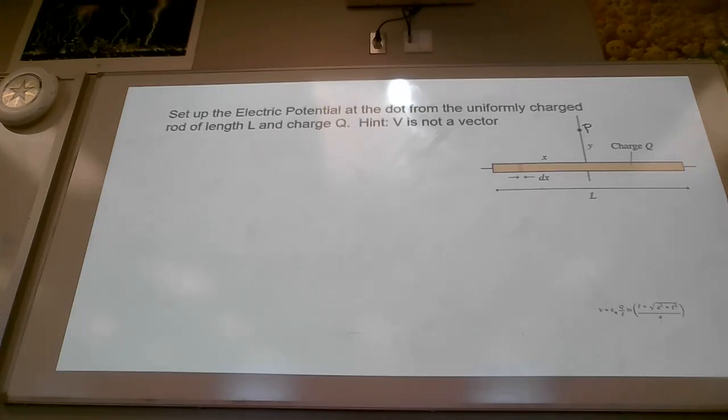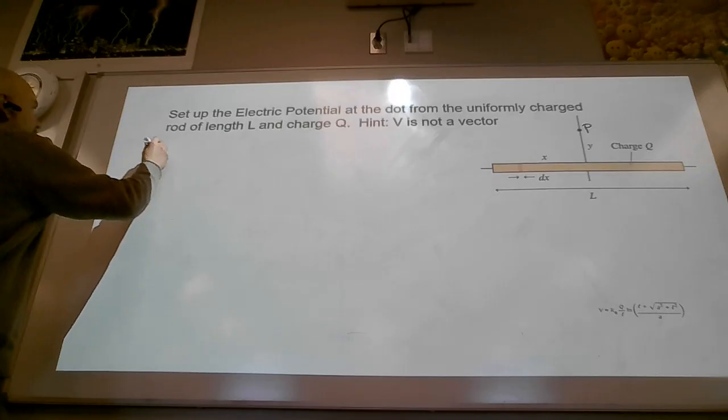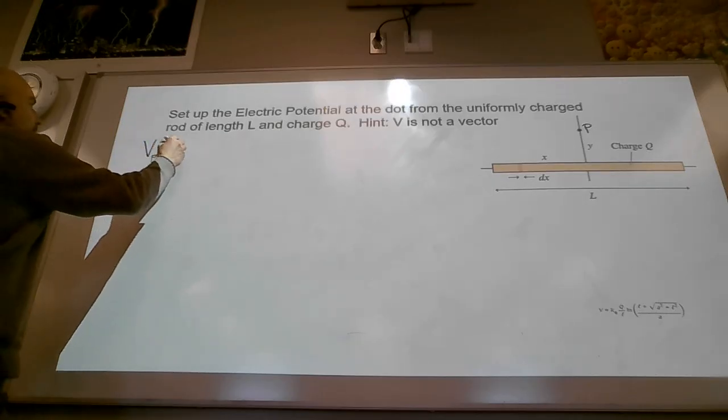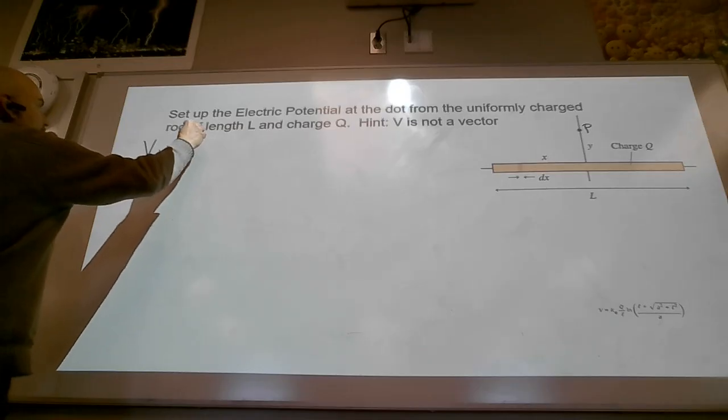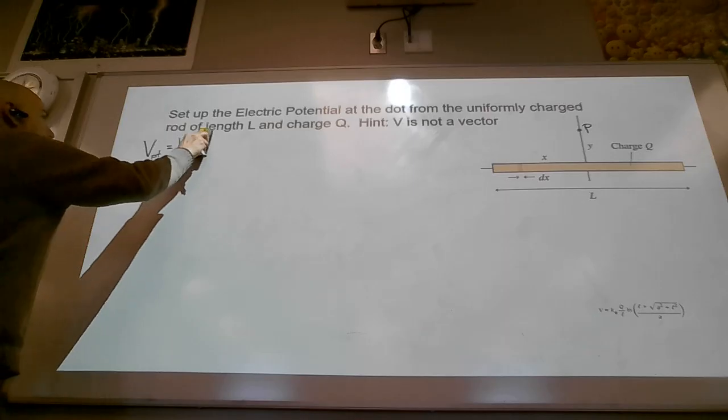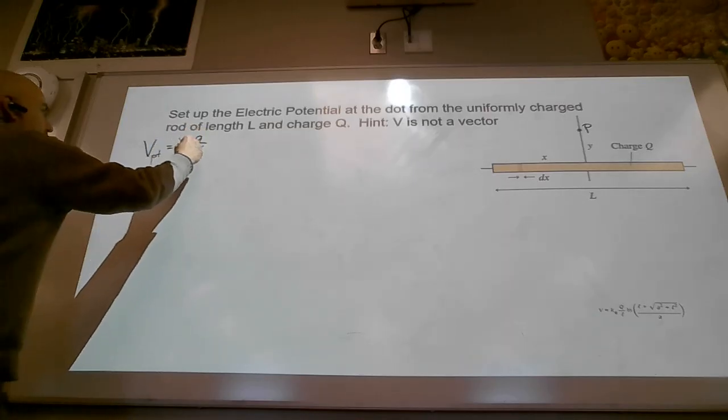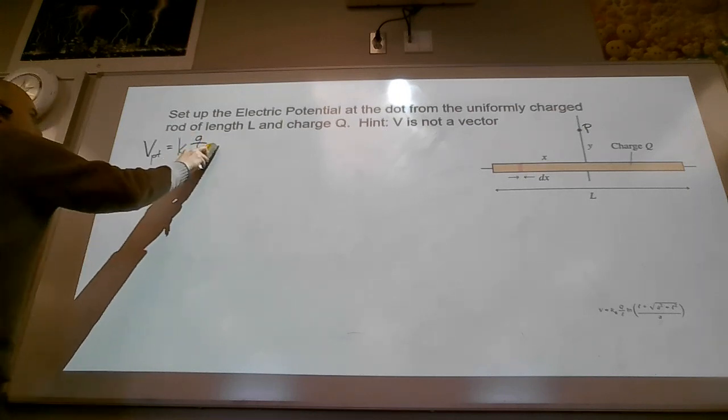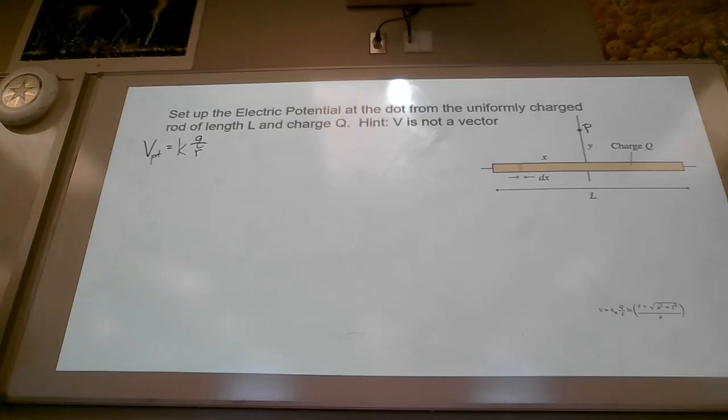Yes. This is what I have. So, the electric potential of a point charge is K Q over R. Not squared, just R. That's point charge.